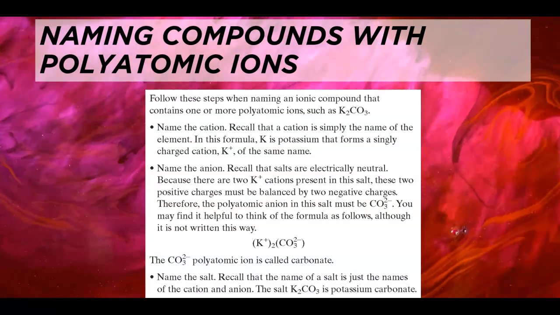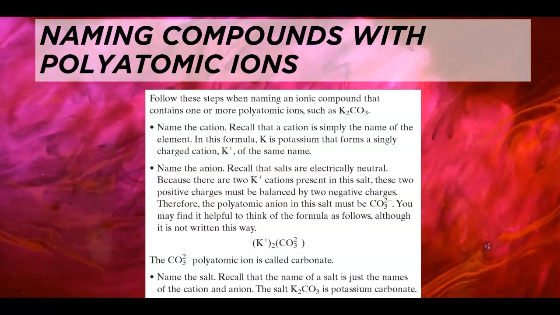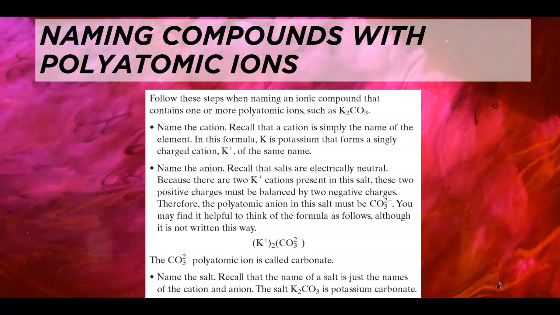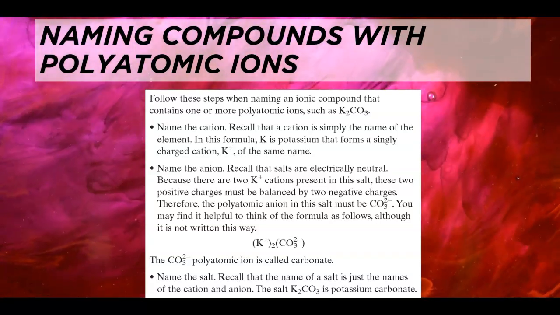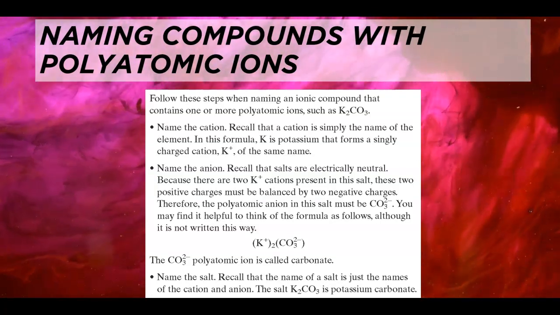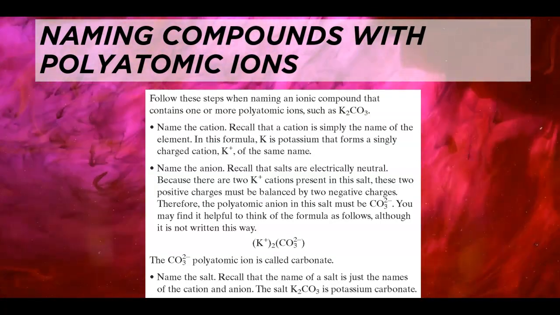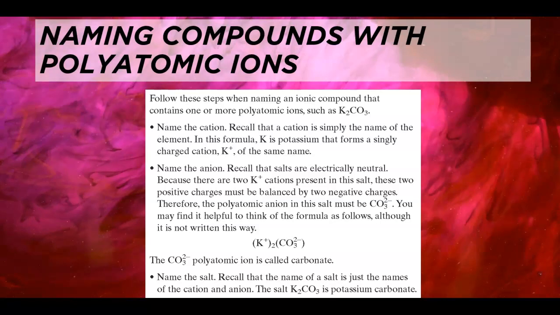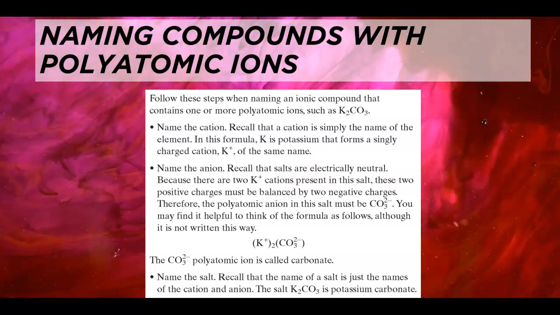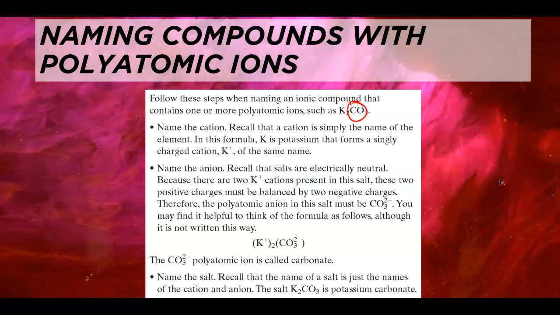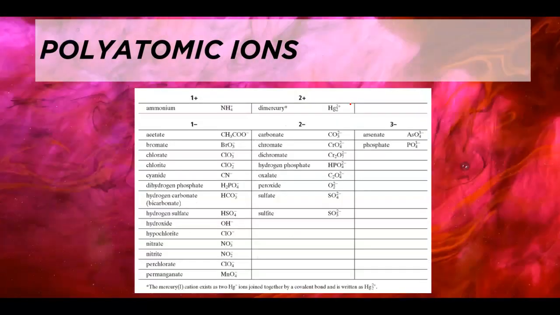So it's the same idea when we're coming up with the formula for polyatomic ions as it was for the binary compounds. We look at K2CO3. We know that the cation is named potassium. And the anion, when we see CO3, we can refer to our table of common ions. CO3 is called carbonate.